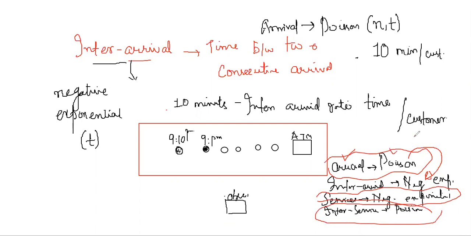So these four things you have to remember for the objectives. They are directly asked in objective questions. So this negative exponential is the probability distribution of the inter arrival. We'll spend some more time on it, so you can take the screenshot up to this point.